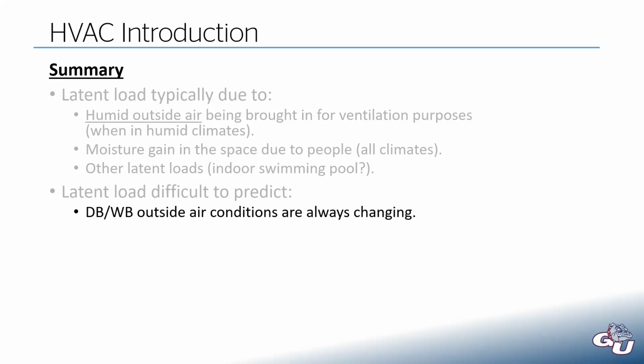The higher your wet bulb condition, the more humidity you're going to have. But both of those variables, dry bulb and wet bulb, are varying hour to hour, day to day, month to month. So that can be a little difficult to predict from an energy usage perspective, where we're trying to look at every hour of every day.